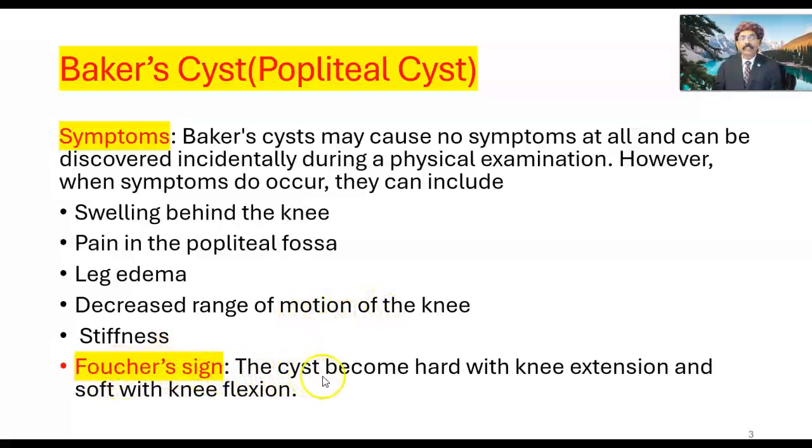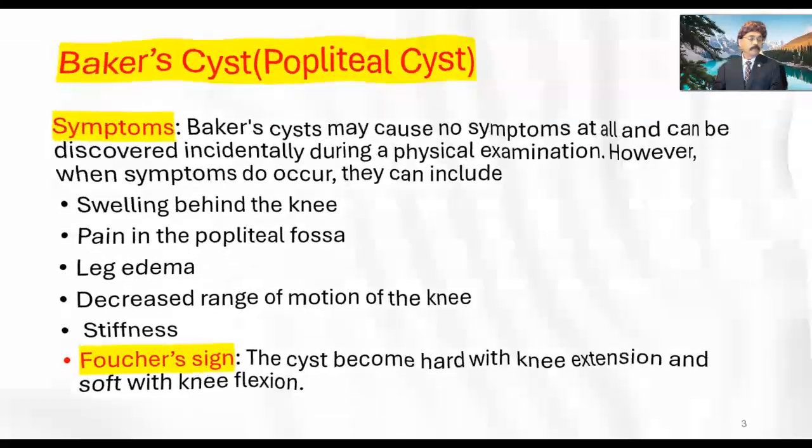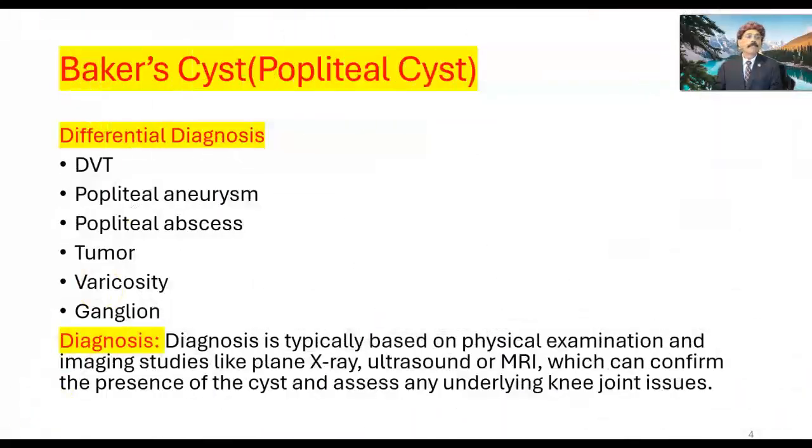Foucher sign: the cyst becomes hard with knee extension and soft with knee flexion. That is Foucher's sign. Differential diagnosis: deep vein thrombosis, popliteal aneurysm.